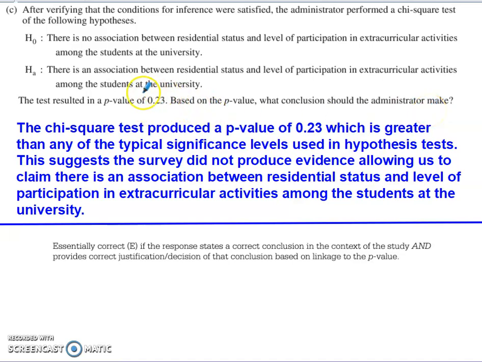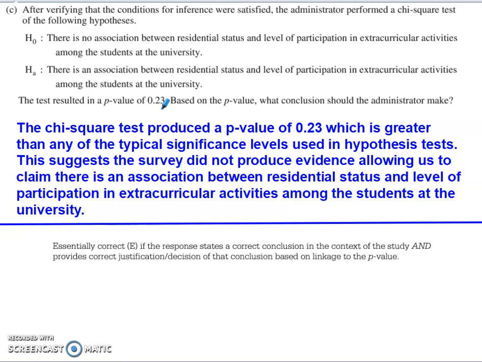So a p-value, the interpretation of it, is the probability, assuming that the null hypothesis is true, that you get a result for your sample as extreme or more extreme than the one that this particular sample produced, is that p-value. So in this case, it's 0.23. Usually what we're going to do in a significance test is we're going to compare that p-value to either 0.05 would be most typical, 0.10 is sometimes utilized, and 0.01 is also used every once in a while.